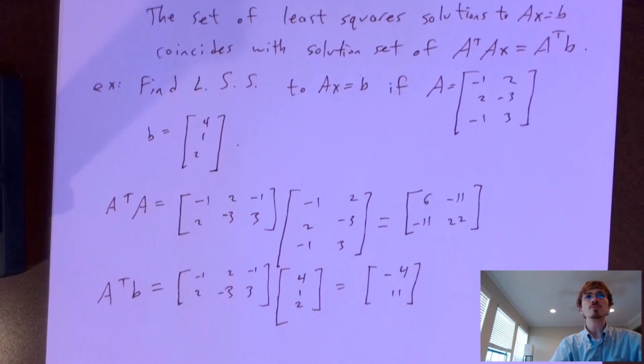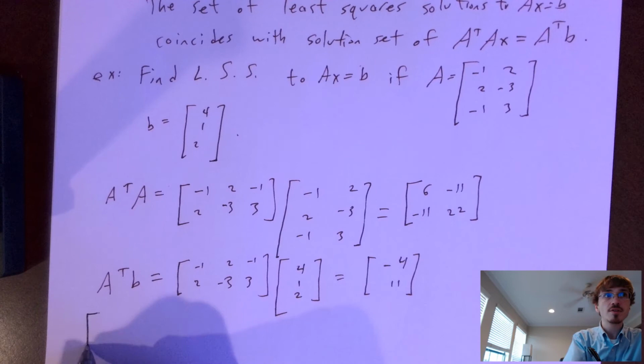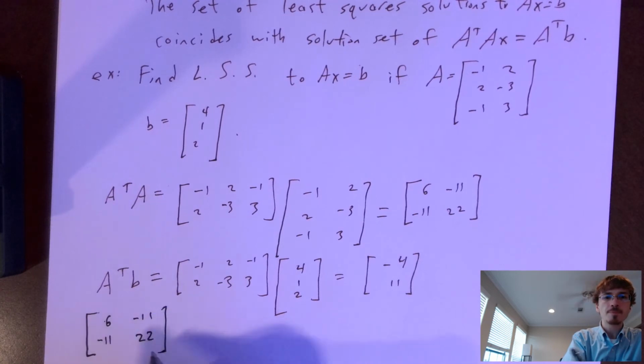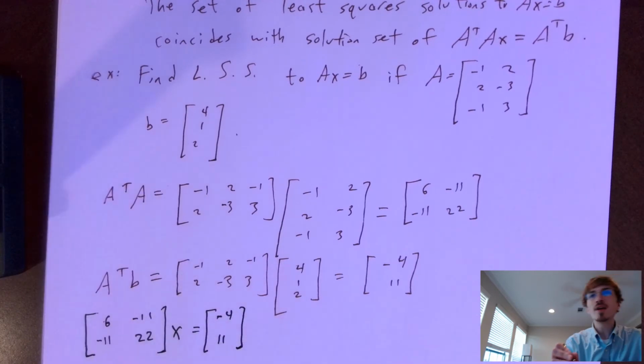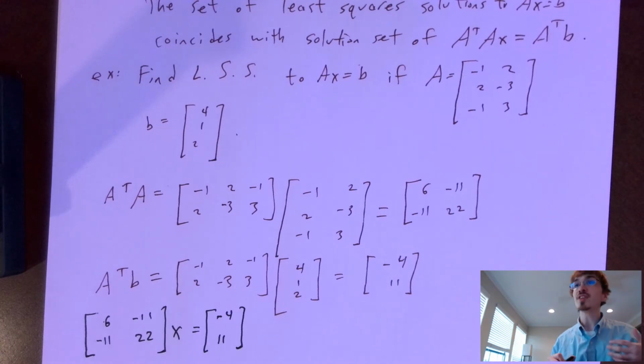So what we know at this point is that if we solve the simple equation, 6, -11, -11, 22, times x equals -4, 11, whatever the vector x is, or the solution set of x, will coincide with the least square solution. So this will give us the vectors such that A times those vectors is closest to this vector B, which does not live in the column space.